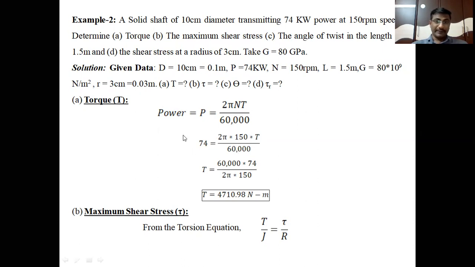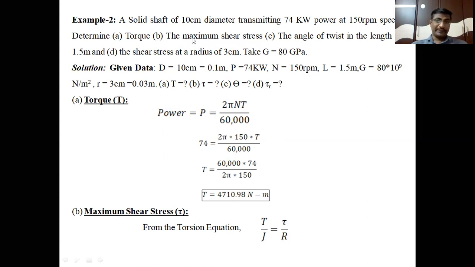In this equation, torque is the only unknown. So T equals 60,000 into 74 by 2 pi into 150. Then we will get the torque on the shaft as 4710.98 Newton meter. This is the torque applied on that shaft.